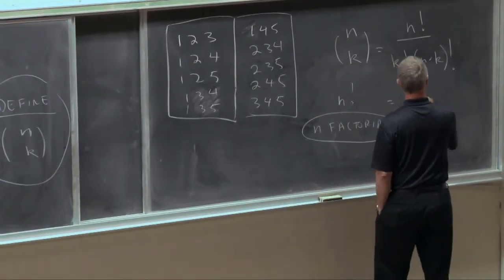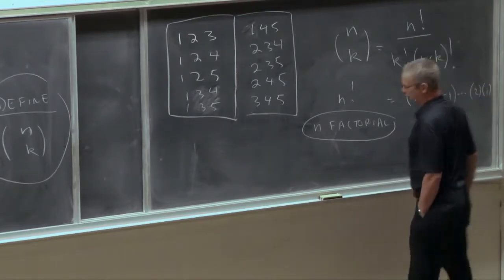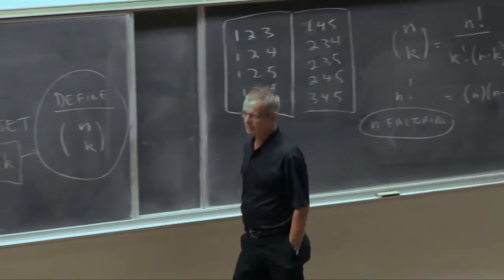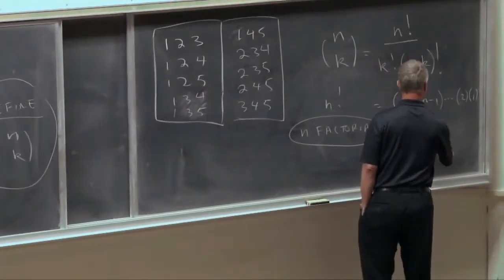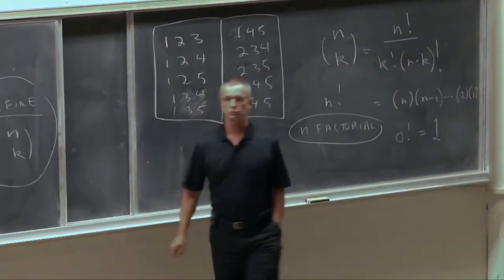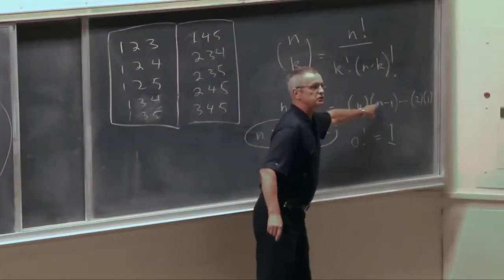And it is the product of all the numbers from 1 to n, if n is a positive integer, and as a pathology or not, 0 factorial is defined to be 1. Use that as an empty product convention if you like.